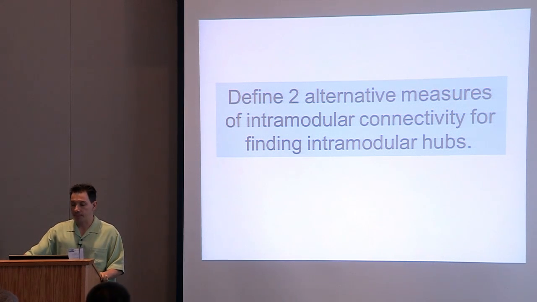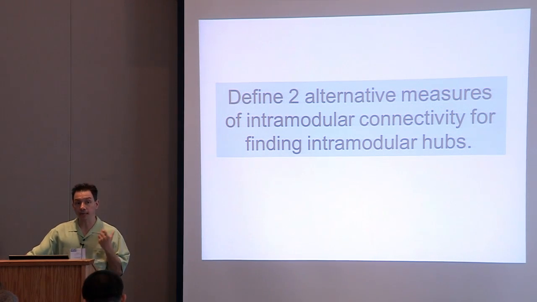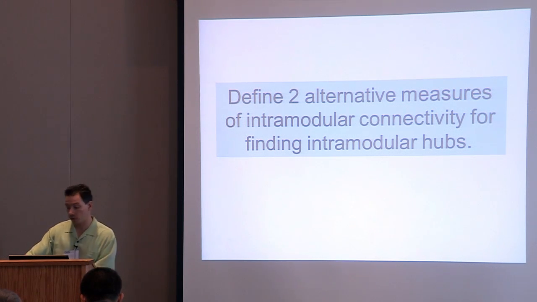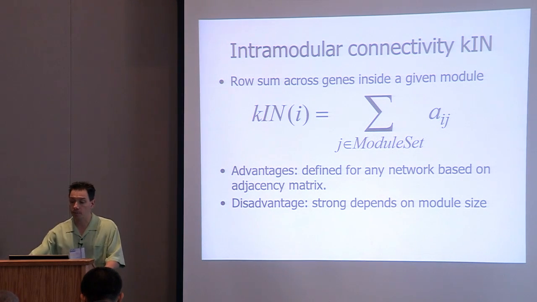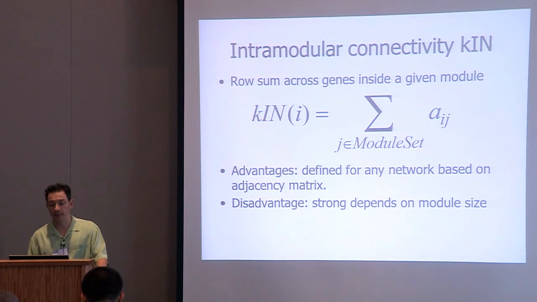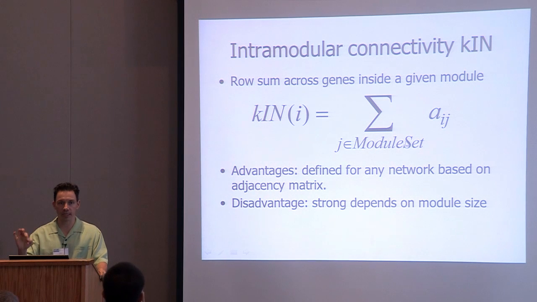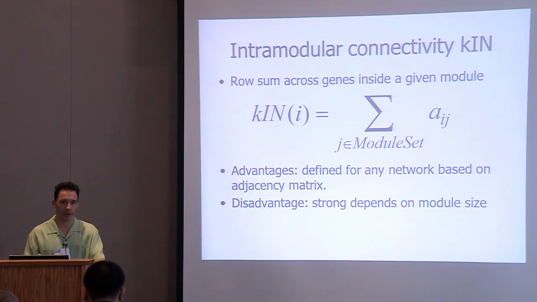Well, we need a measure of intramodular connectivity, because hubs in a module have high intramodular connectivity. The number one measure is defined as the row sum, or the sum of adjacencies with respect to the genes inside that module, right?